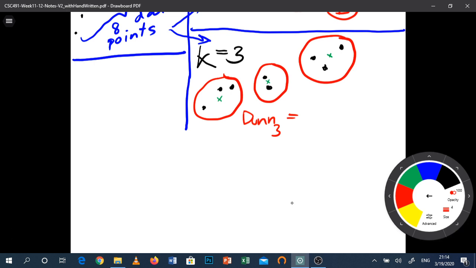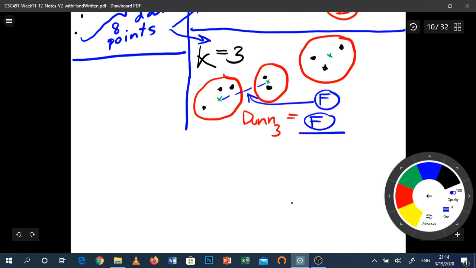For the top, we look for the minimum distance between any pair of centroids. In this case, I would call this distance F. So that is F. What goes into the bottom is the maximum distance between any pair of members within any cluster. So I think this quality represents it, and I call that distance G.